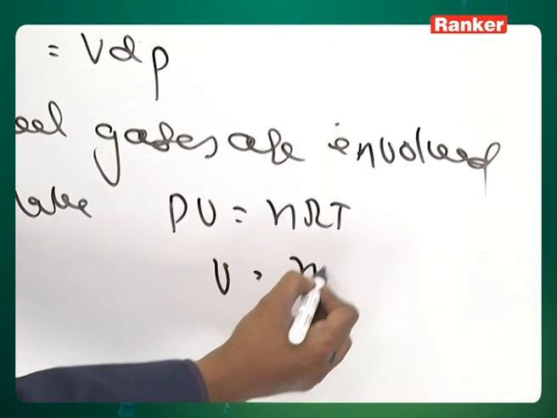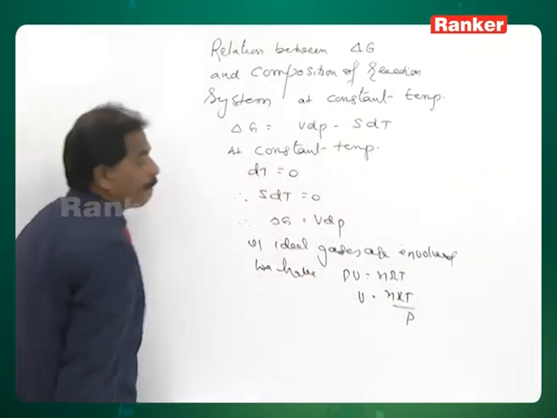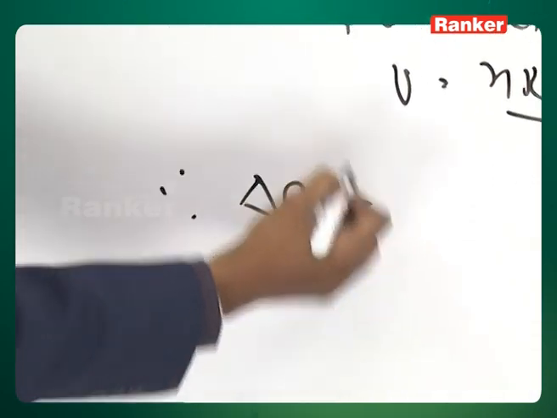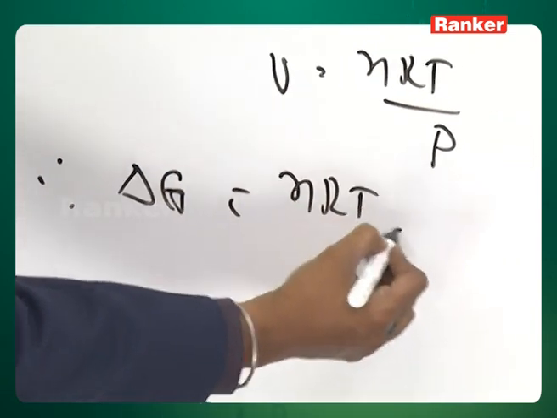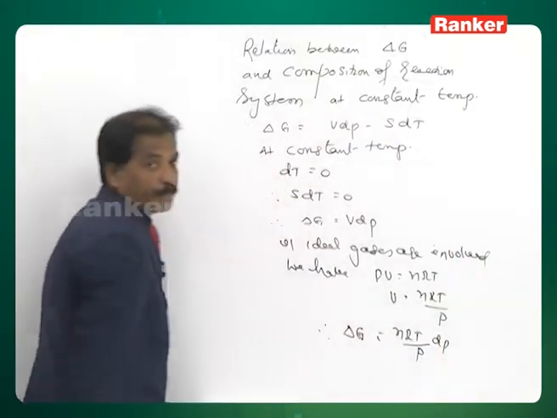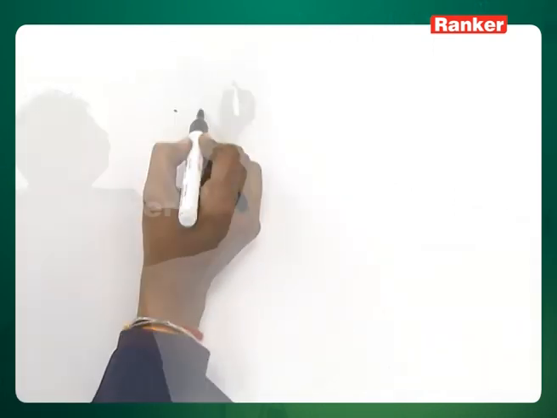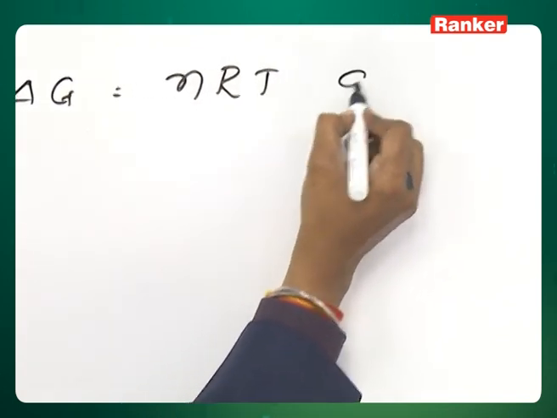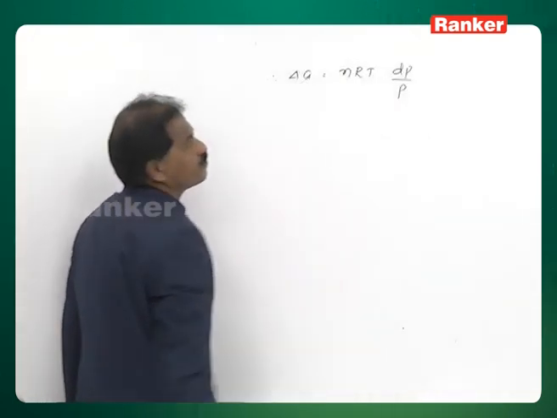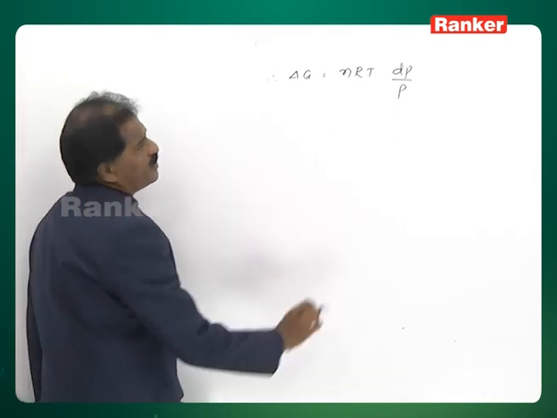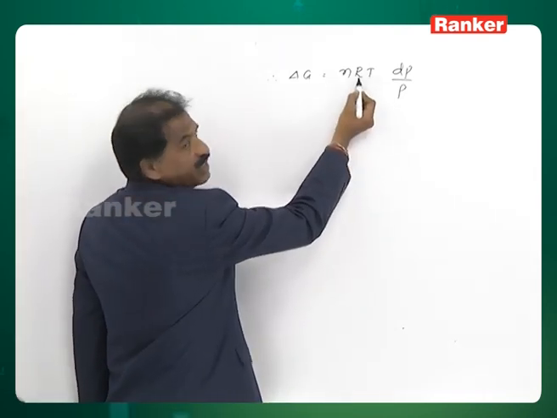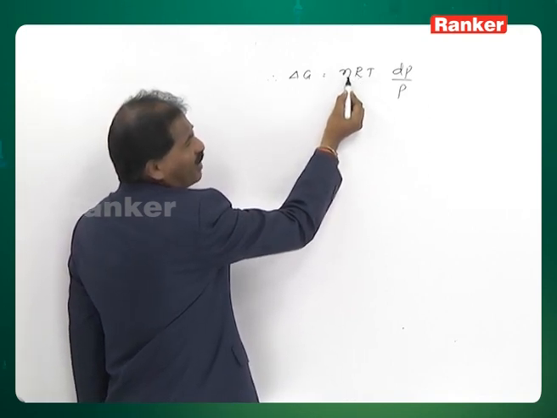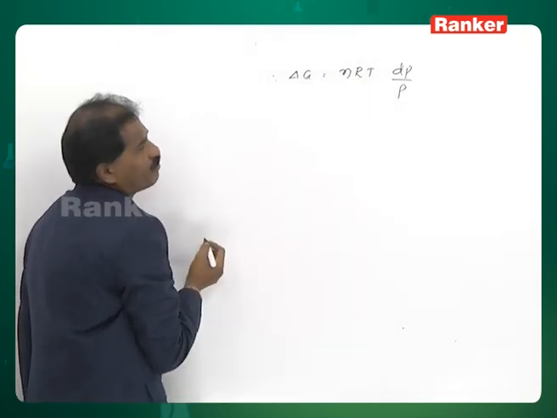Therefore, V is equal to nRT by P. Therefore, del G is equal to nRT by P into dP, that is, nRT dP by P. Since temperature is constant, this term is constant, R is anyway constant. So, if the number of moles of the gas is constant, this entire term will become constant.